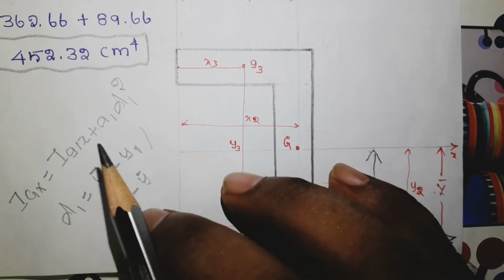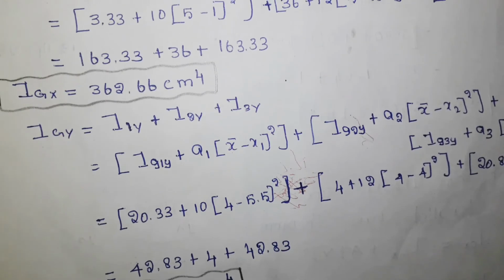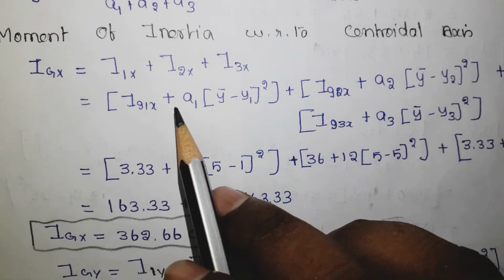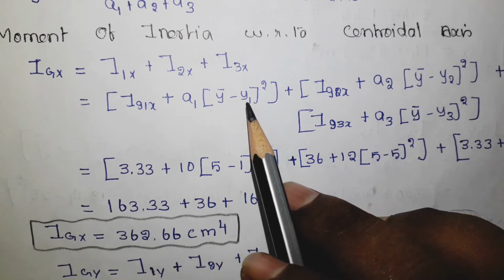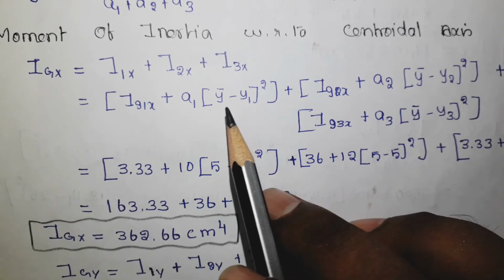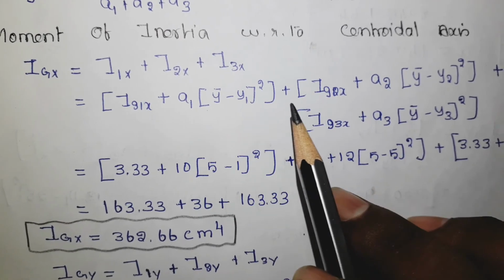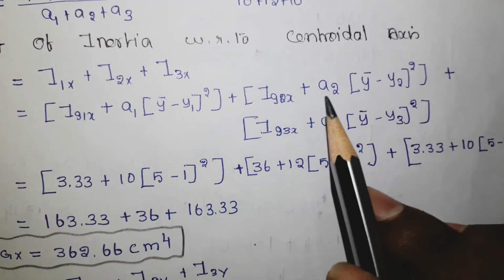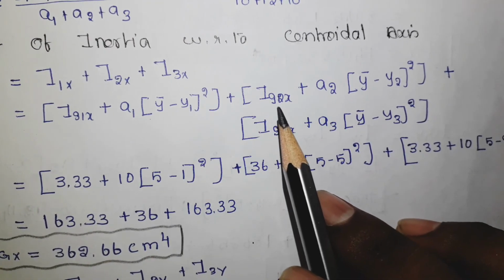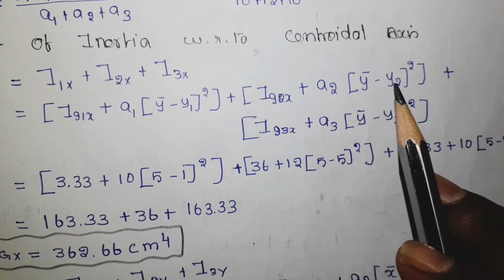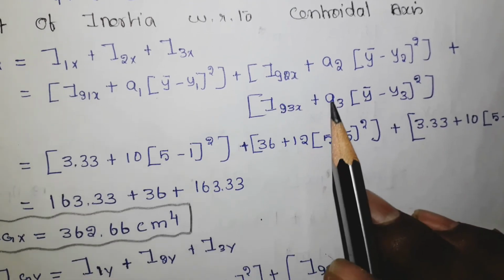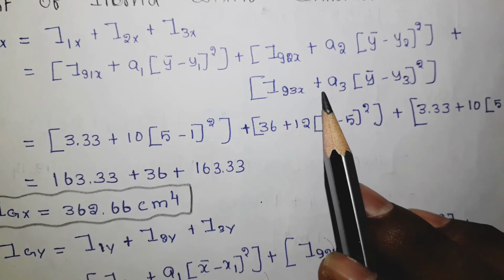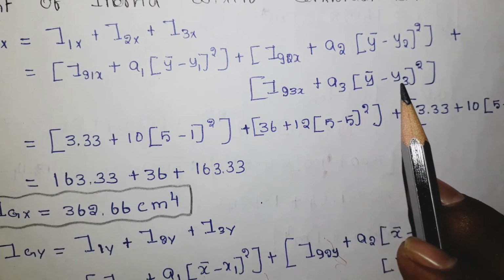Now this formula is substituted here. So ig1x plus a1 times y bar minus y1 the whole square. Similarly, in the same way I am going to find the moment of inertia for the second rectangle: ig2x plus a2 times y bar minus y2 the whole square, plus the moment of inertia for the third rectangle, ig3x plus a3 times y bar minus y3 the whole square.